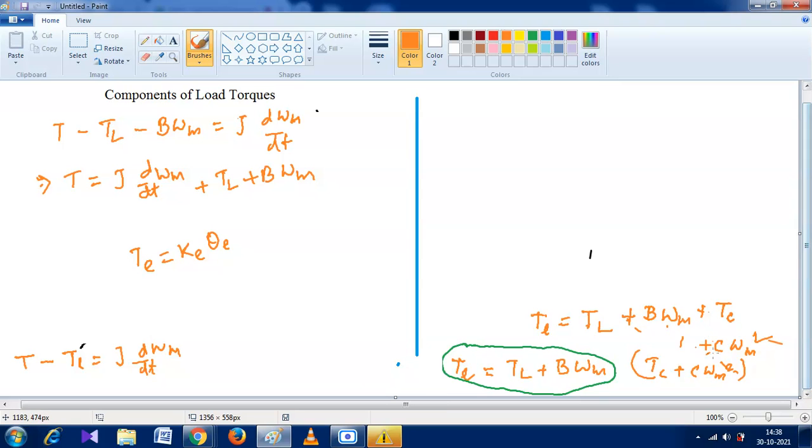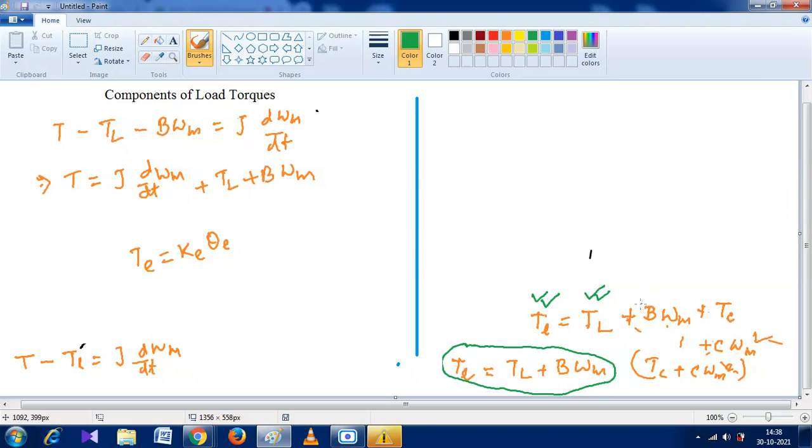Which part is viscous friction? This is basically our load torque. What is the name of that torque? Capital TL, useful mechanical work.